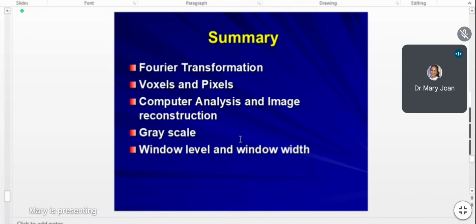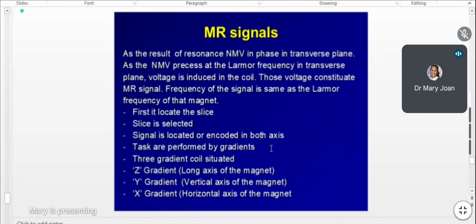First the slice is selected, then the signal is located or encoded in both axes. These tasks are performed by gradients. There are 3 gradient coils: the Z gradient along the long axis of the magnet, the Y gradient along the vertical axis of the magnet, and the X gradient along the horizontal axis of the magnet. So this we have seen in the last classes.